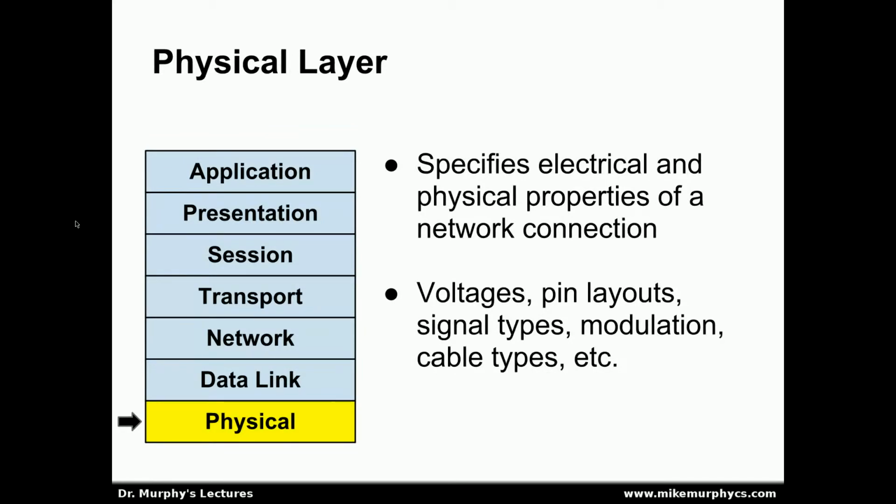So at the lowermost layer, we have the physical layer. This is at the bottom of the OSI model. This layer specifies electrical and physical properties of a network connection. These electrical and physical properties include such things as the voltages that are going to be used by the connection, assuming the connection is an electrical one, the pin layouts for how the different voltages are going to be connected to circuits, the types of signals and modulation that are going to be used, the types of cable that are going to be used with the connection, and so forth.